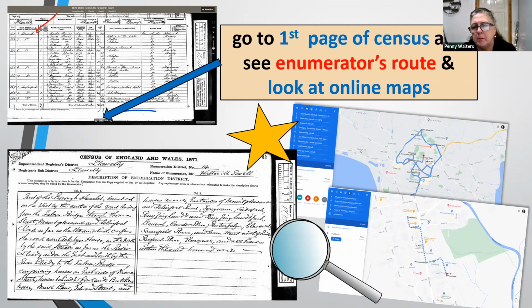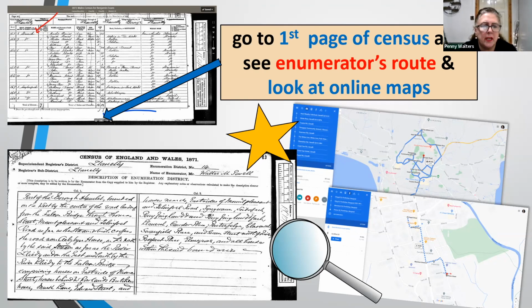So the picture in the middle is the more or less circular route that this enumerator took, and I know that my ancestor lived somewhere along that route. In the one on the bottom, the person seemed to be walking in straighter lines. Again, I can locate my ancestor's property as somewhere along that enumerator route.